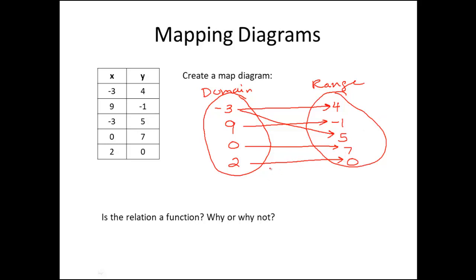Take a look at the arrows. Notice how there are 2 arrows coming off of the negative 3. See this right here? That is what we're looking for. If something like that happens, that means that what we're looking at, this relation, is not a function.